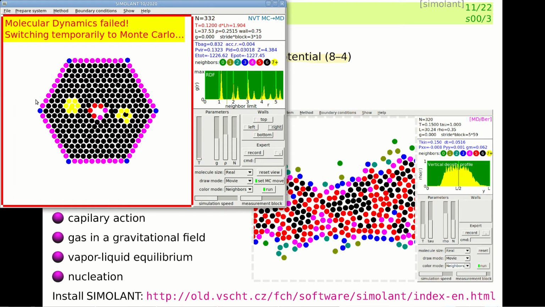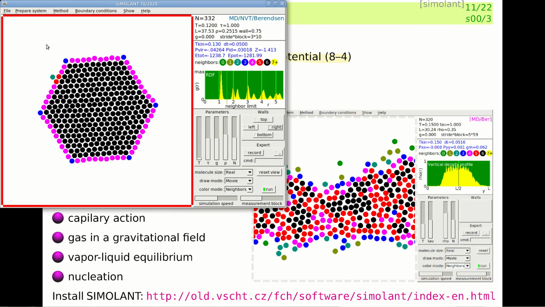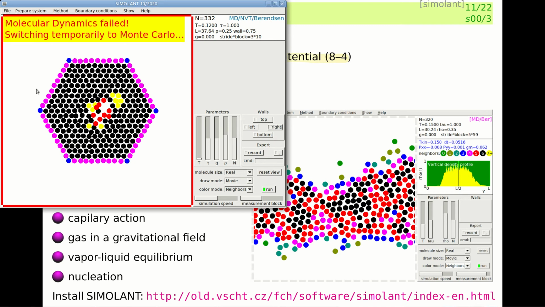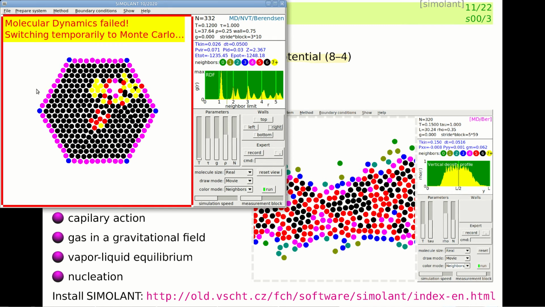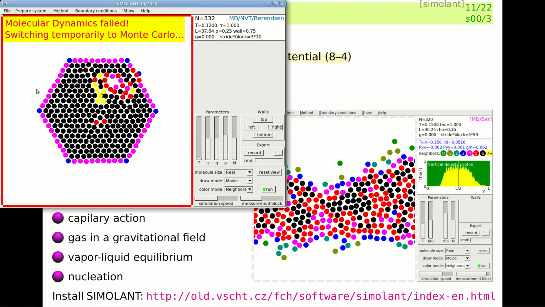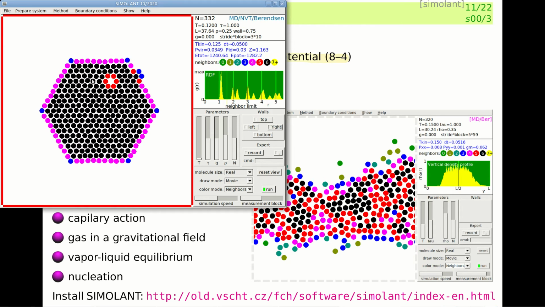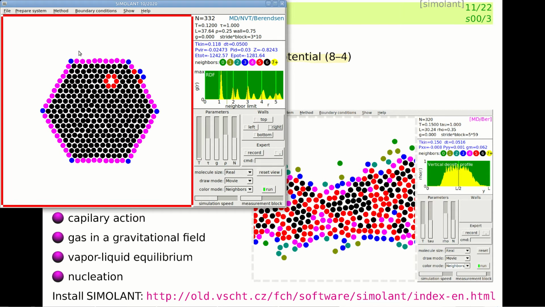Or interstitial atom, which actually is difficult. I'll try it again. Still it fails because the energy is too high. We got vacancy. Never mind.